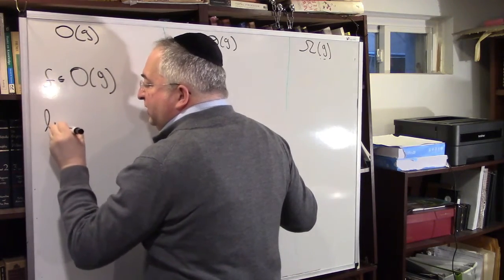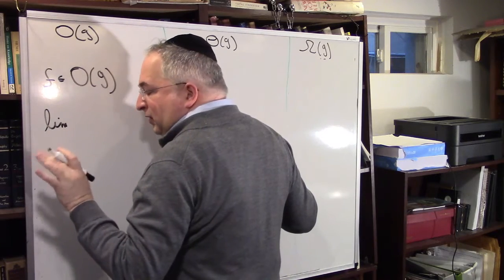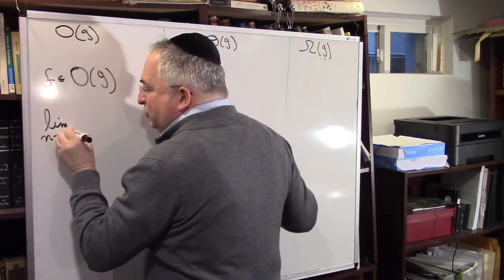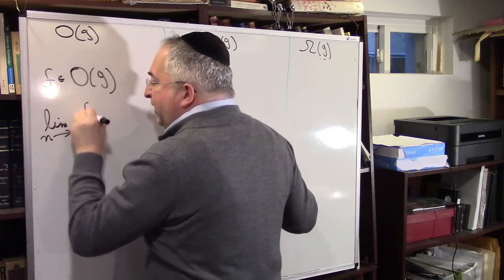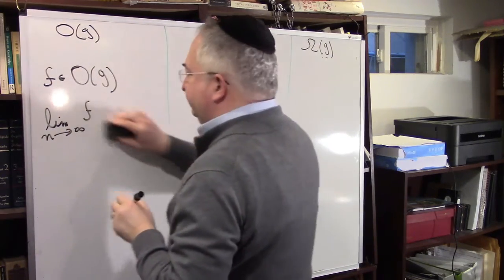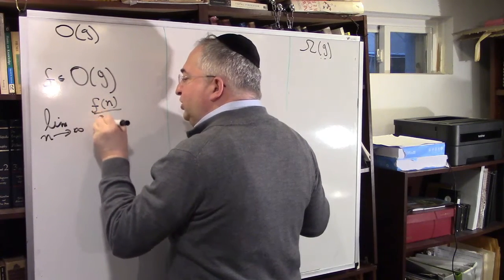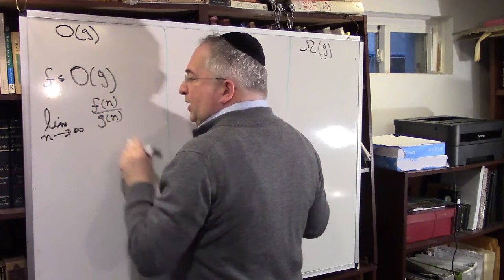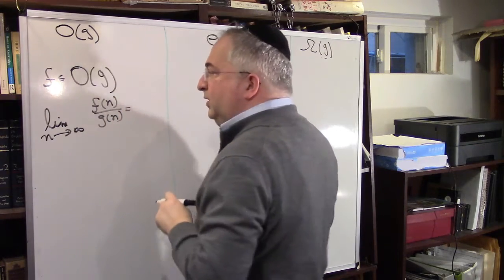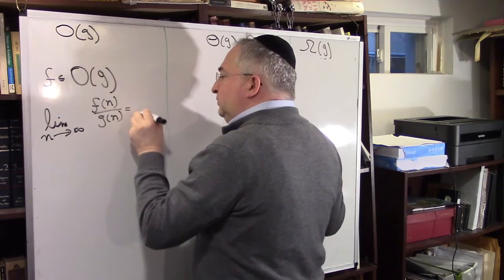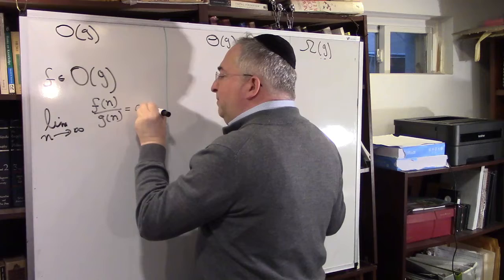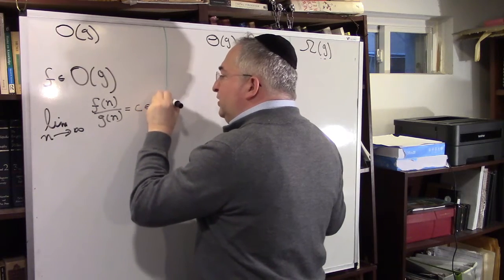The limit, don't get nervous now, as n goes to infinity of f of n over g of n is equal to C, a member of R star.